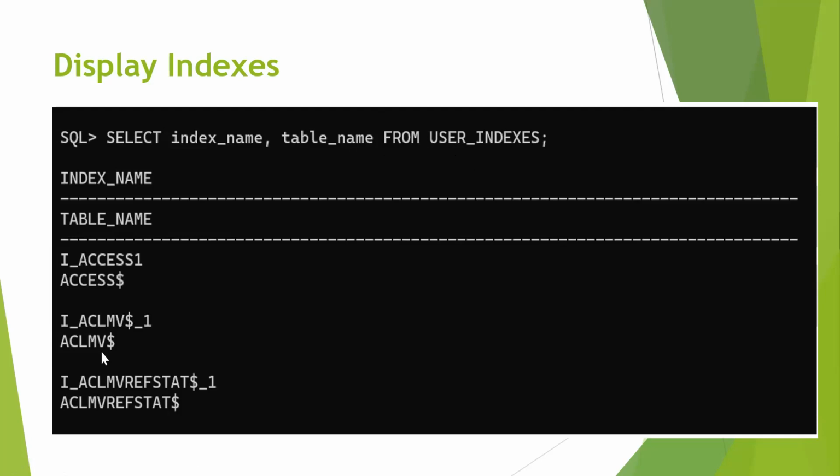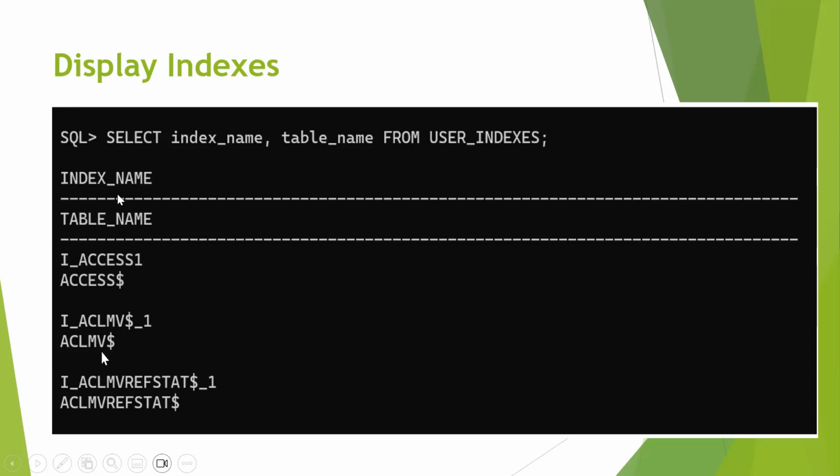When you execute this query, it returns a result set which contains two columns, the index name and the table name. Each row in the result set represents an index owned by the current user, along with the corresponding table name to which the index belongs.